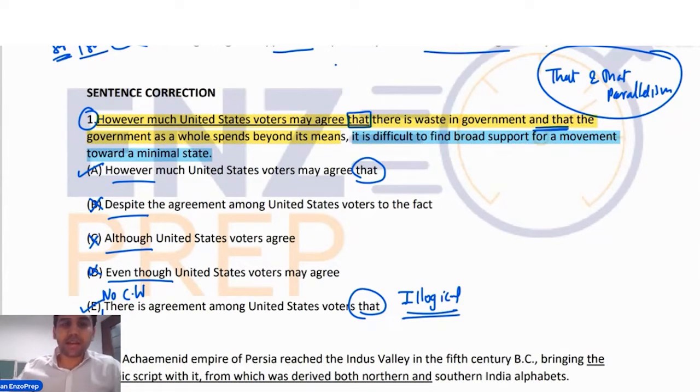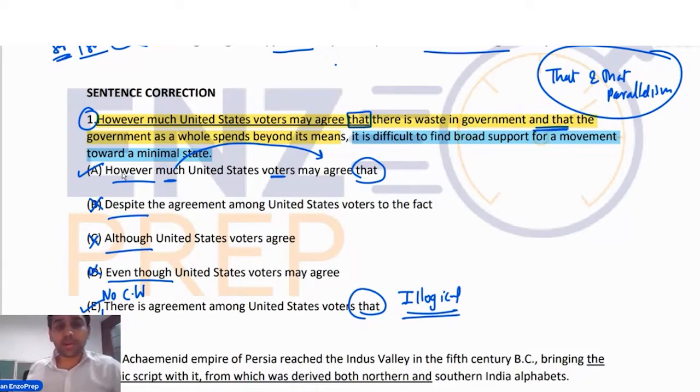Now, a lot of people actually eliminate option A thinking that the word much can't refer to voters, given that voters are countable. But please understand the word much here is not referring to voters. Much is actually referring to the intensity of agreement. Consider this. If I say, no matter how much you agree, in this case, the word much is not going back to you, it's going back to the intensity of agreement.